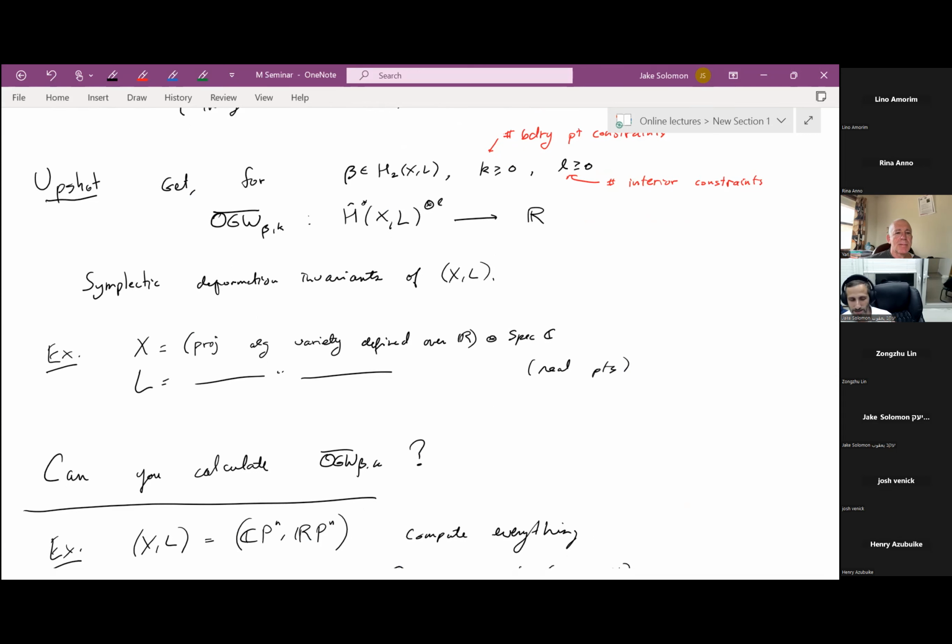The question is less clear in the case when L is fixed by an anti-symplectic involution, because then, in theory, the cohomology of L could be more general. But still, the theory forces you to look only at point constraints. The way you classify the bounding cochains is by integrating over L. This integration over L map classifies the different bounding cochains.